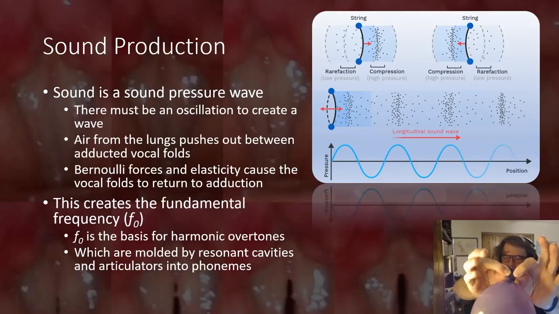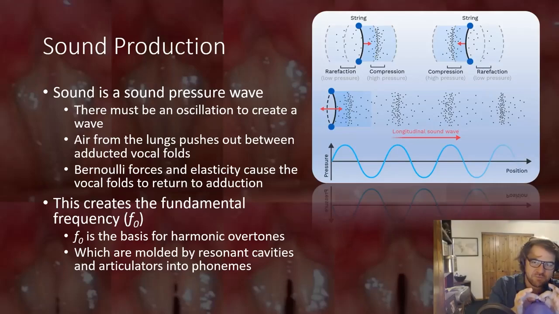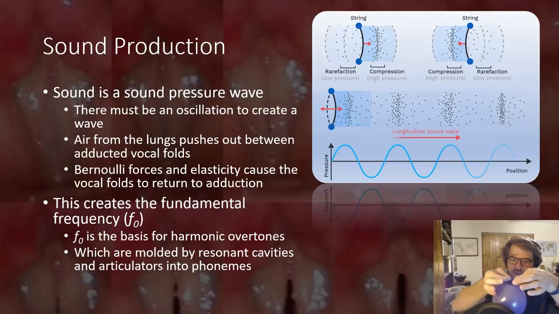I think most people know this trick from when they're a kid. Some older sibling or cousin or parent teaches you this, and then you annoy the hell out of them with it afterwards. So you're going to stretch it, and what's going to happen in here is it's acting like vocal folds. It seems like, no way, but it's exactly the same principle. Total, like to a T. Air's pushing out between this stretched rubber.